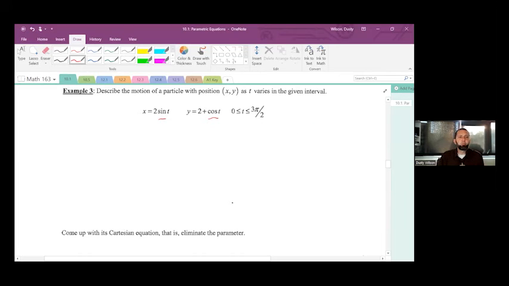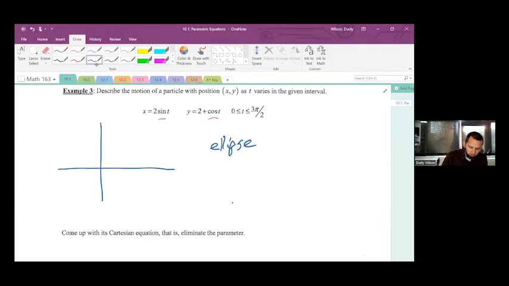So we want to describe the motion of the particle as t varies. That is, we think that we have an ellipse, and our ellipse is going to be centered at x equals 0, y equals 2.